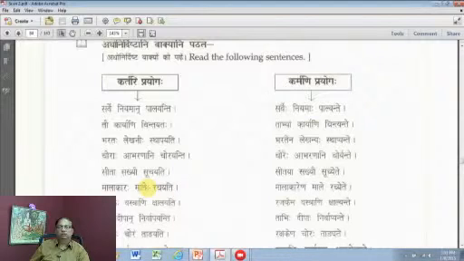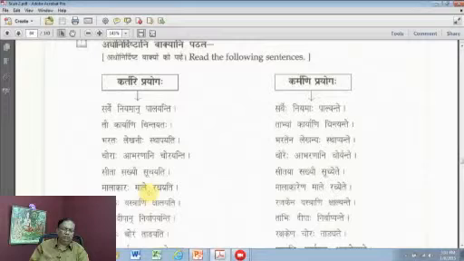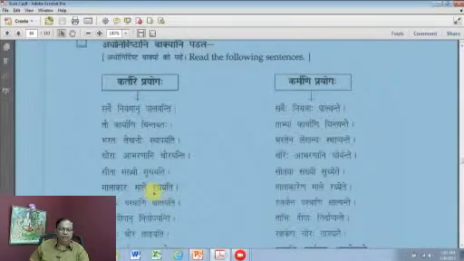Next, malakarah male rachayati. Who is malakarah? Garland weaver. Literally, malakarah means one who makes garlands. We say florist, but it is one who makes mala, the flower man. Malakarah goes to tritiya: malakarena.